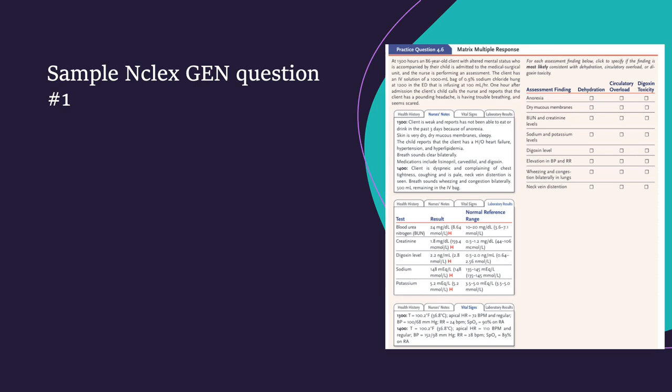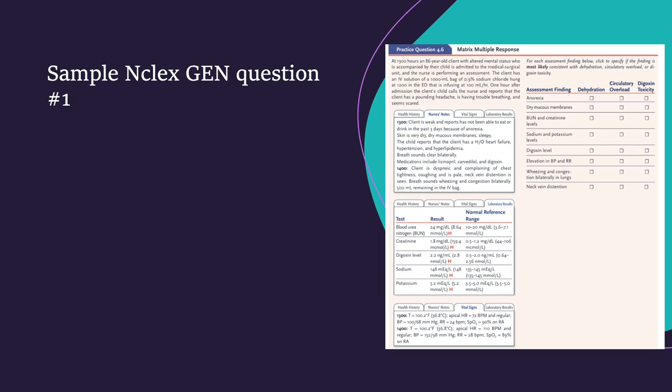So now let's go to the question. The question reads, for each assessment finding below, specify if it's most likely consistent with dehydration, circulatory overload, or digoxin toxicity. So here is where we need to have content knowledge on dehydration presentation, circulatory overload presentation, and digoxin toxicity presentation.